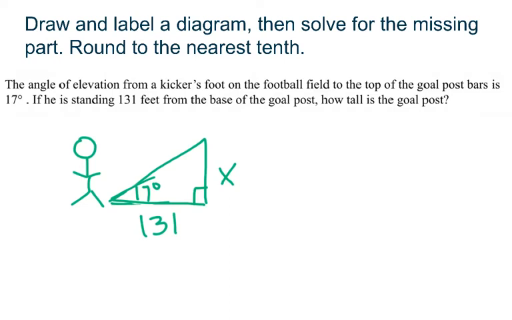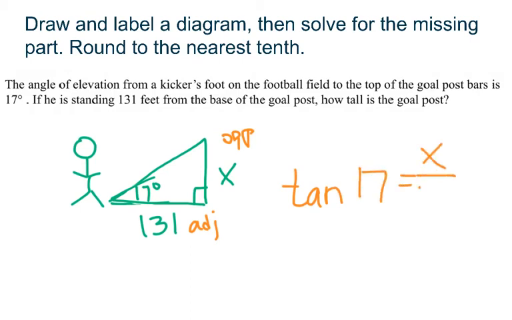Okay, so next we need to figure out what trig function we're using. x is my opposite from 17, 131 is my adjacent, and once again we're using tangent, because tangent is the only one that deals with opposite and adjacent. So tan 17 equals opposite over adjacent. Because we're dividing by 131, we're going to multiply that to the other side.